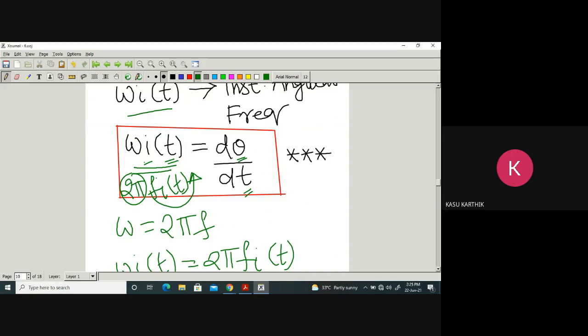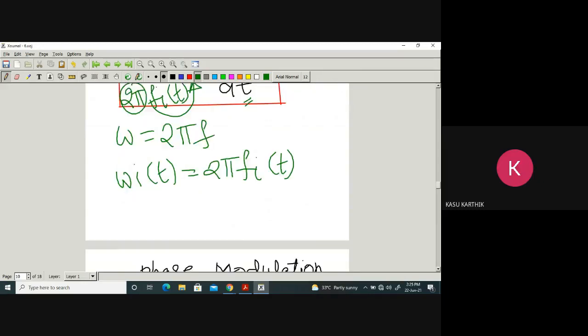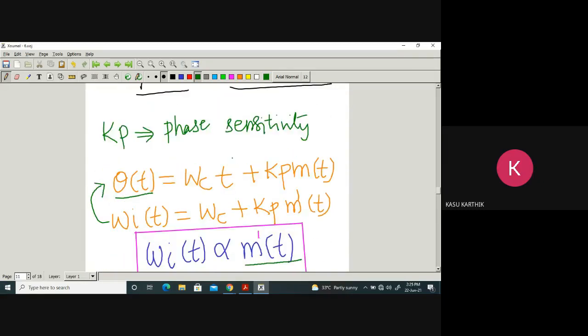What is the logic? Integration. You integrate this and you get omega_c times t plus k_p times the integral of m dash of t. What is the integration of m dash of t? It is m of t. So this is the angle. This is the instantaneous angular frequency of phase modulation.